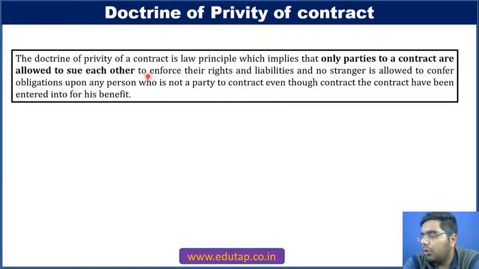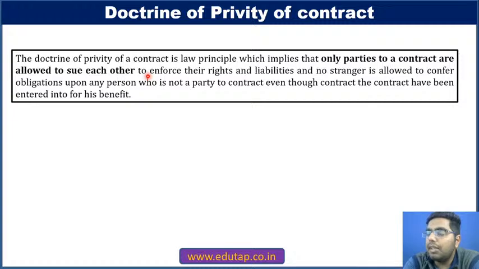The example: you and I have made a contract that I will be providing some benefit to a third person. Now, if I do not perform the function, you have a right to sue me; you can take me to court.